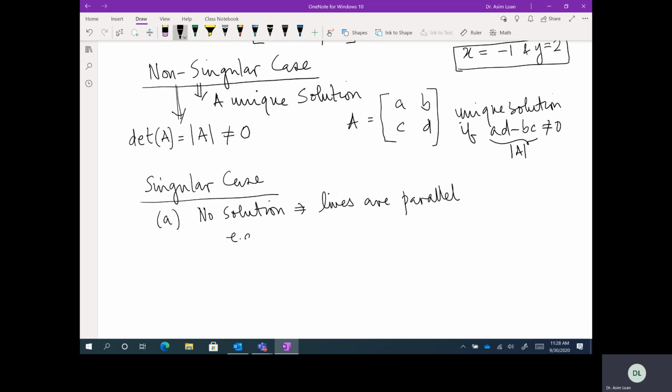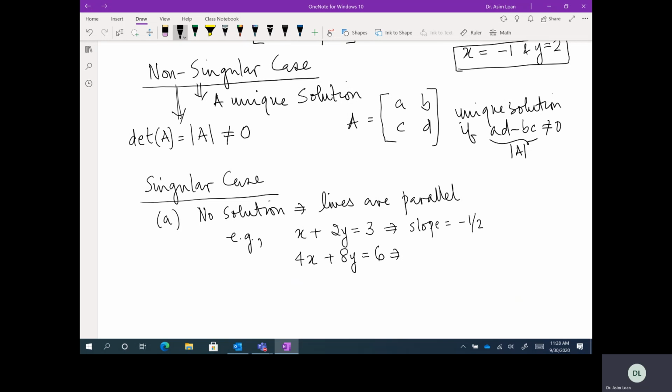For example, if you have x plus 2y equals 3, if I simply multiply this by 4, I'll have 4x plus 8y, and then I say that this is not equal to 12, I say this is equal to 6. Here the slope is minus half.